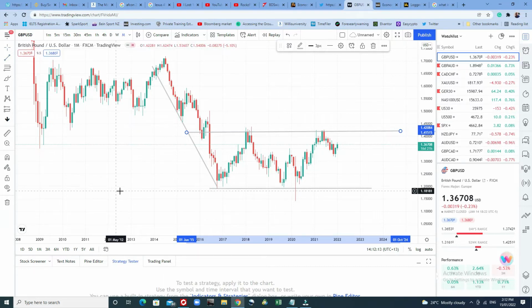Now, back again to trend lines. This is a trend line. The definition of a trend line, as I said before, is a straight line that connects two or more price points and then extends into the future to act as support and resistance. This trend line has extended to a point where it's now acting as support and resistance.